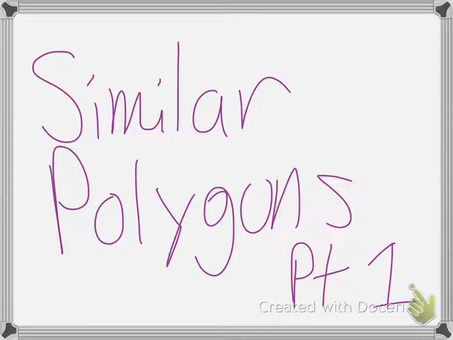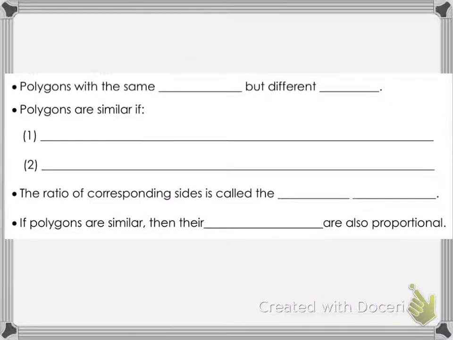Okay, so in this video we're going to be talking about similar polygons. And this is actually going to be a two-part video, so this is part 1. So polygons will always have the same shape, but they're going to have a different size.